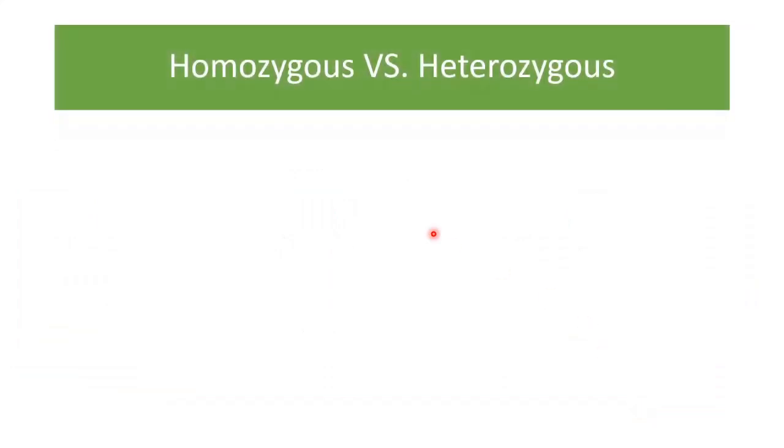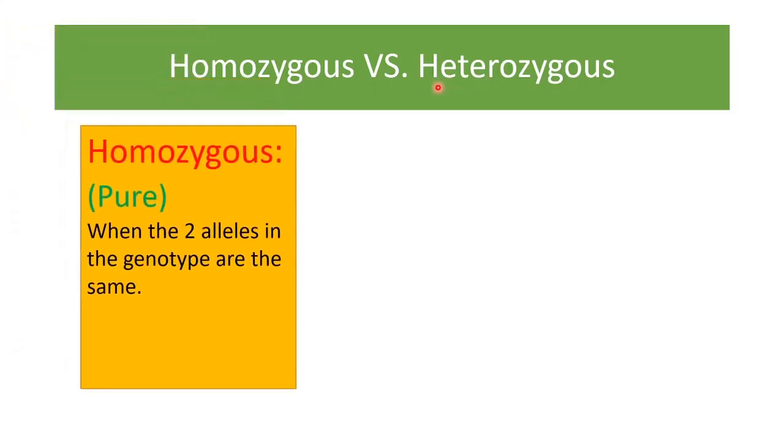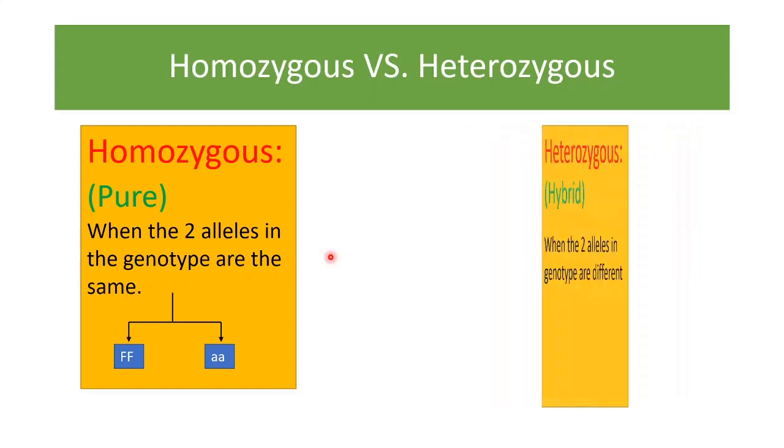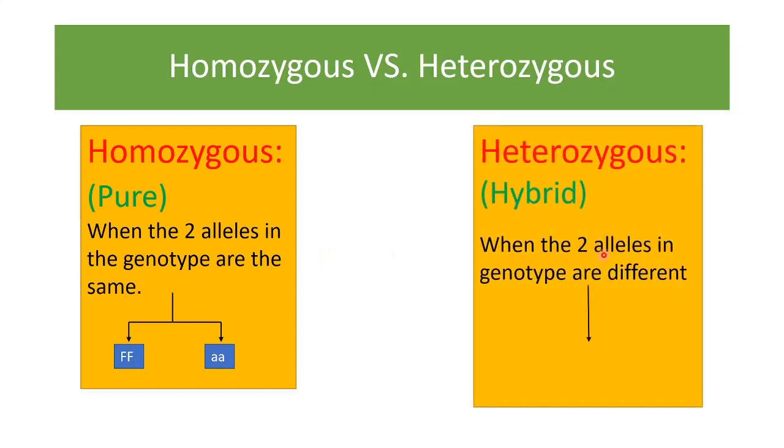Now, let us see what is the difference between homozygous and heterozygous. For any trait in any individual, we have to determine whether this individual has a homozygous genotype or a heterozygous genotype. What is a homozygous genotype? Homozygous is when the two alleles in the genotype are the same, whereas heterozygous is when the two alleles in the genotype are different.